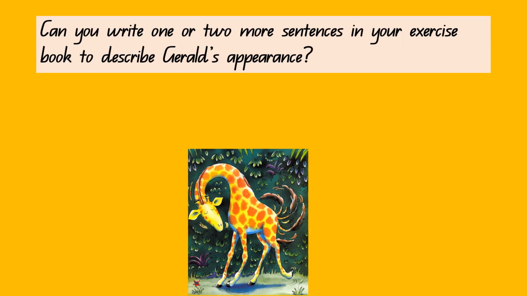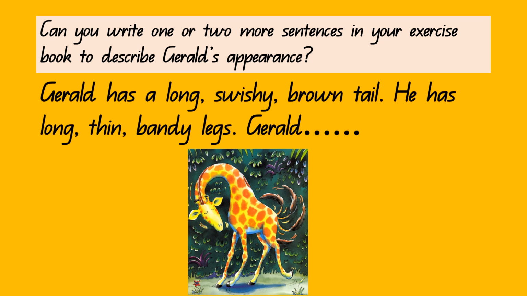Now it's your turn. Can you write one or maybe even two more sentences in your exercise book to describe Gerald's appearance? My sentences say, Gerald has a long, swishy brown tail. He has long, thin, bandy legs.